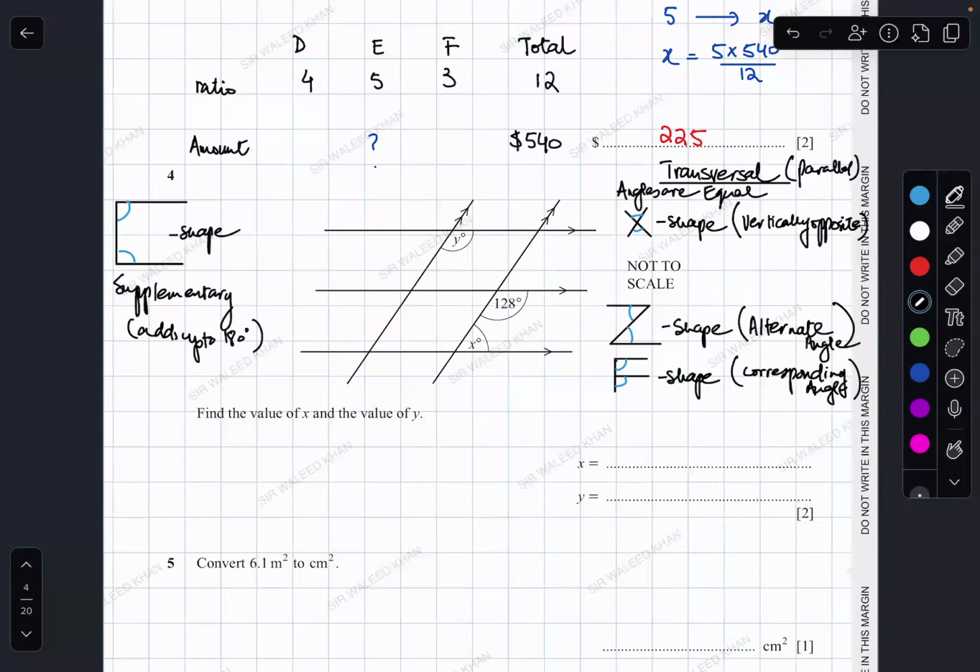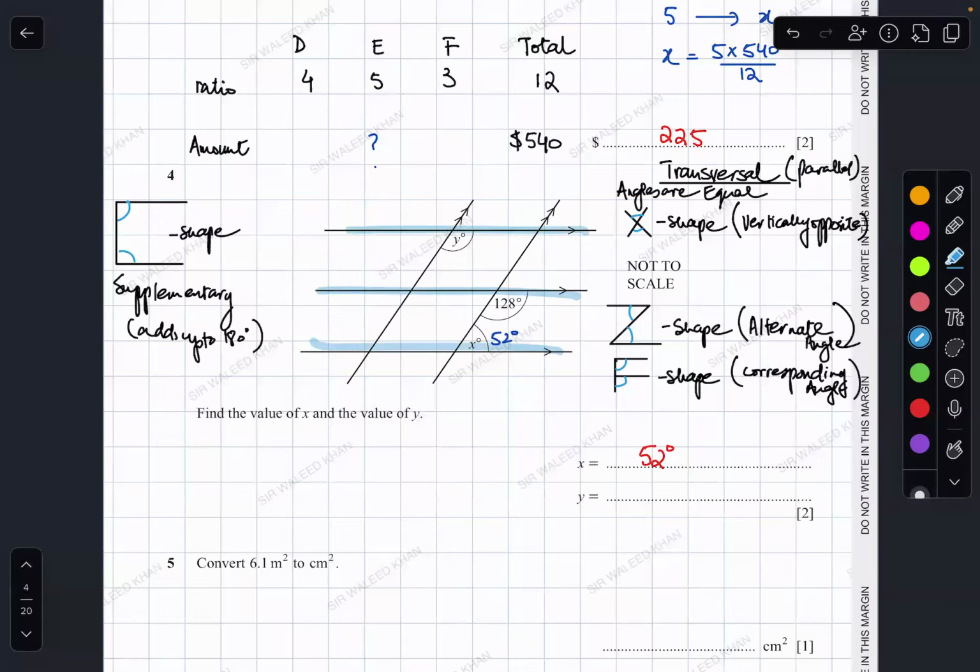So I can literally see a C shape over here, like this. So that means they are supplementary. They add up to 180 degrees. So for x, that should be 180 minus 128. That should be 52 degrees. Okay, this is 52 degrees. Then we can see that all the three lines are parallel.